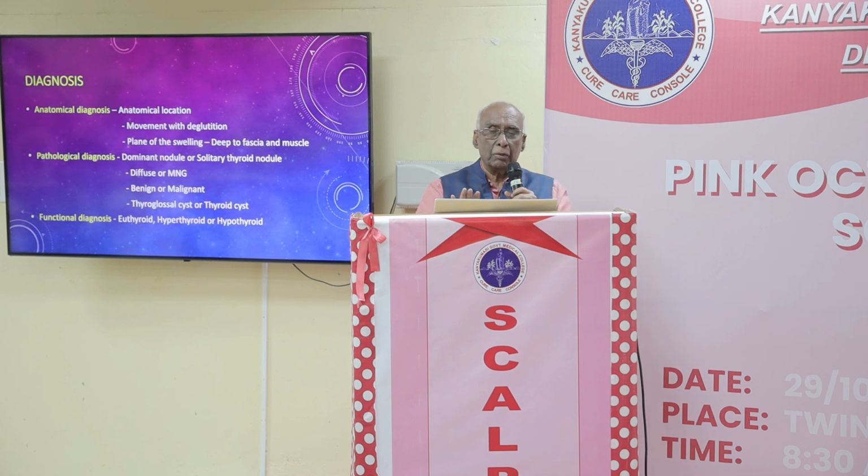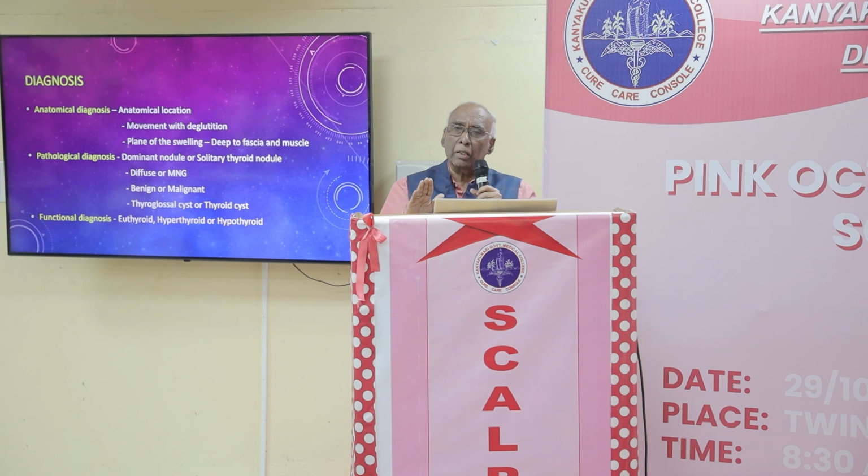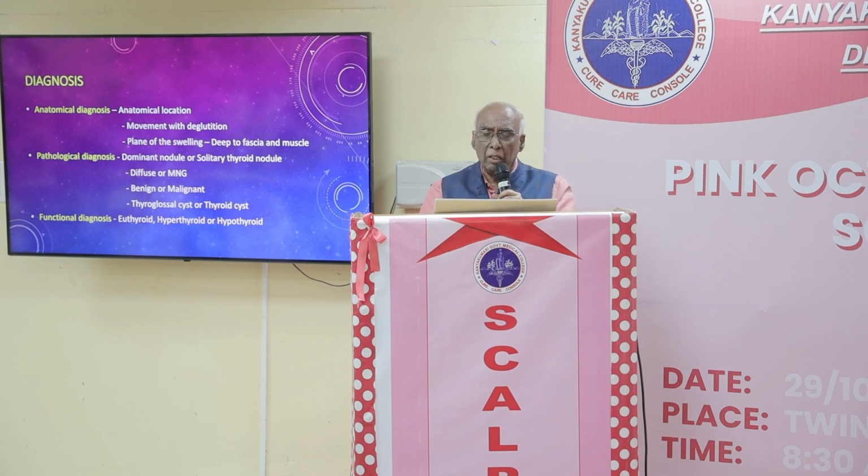So you should have, as she mentioned, an anatomical diagnosis. The points are given. Then the pathological diagnosis. By your palpation you know whether it is a diffuse goiter or a nodular goiter. If it is a diffuse goiter, it may be thyrotoxicosis or a colloid goiter, two causes for diffuse. Or you will say nodular goiter. A single nodule is called a solitary thyroid nodule.